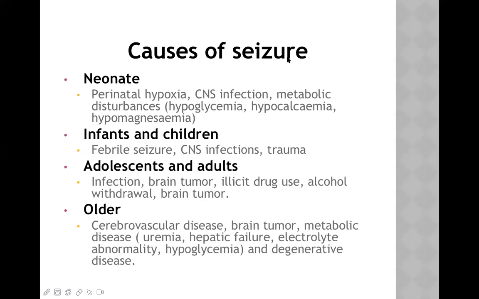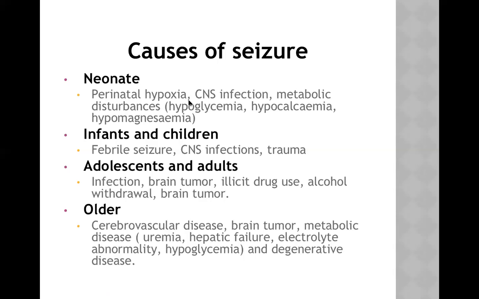Now, with this introductory slide, let's talk about the causes of seizure according to the age group. See here, in neonates, these are the common causes of seizure. Perinatal hypoxia means birth asphyxia.